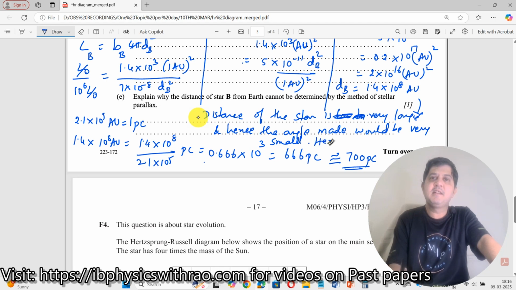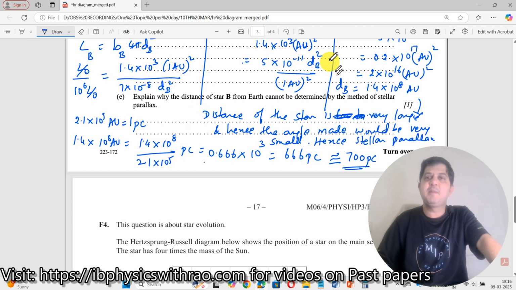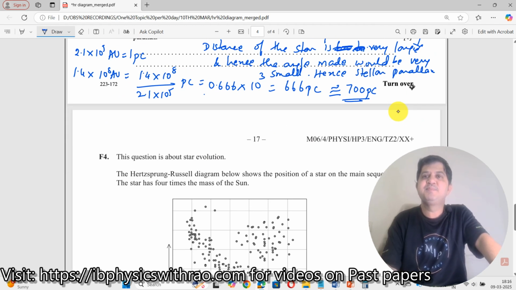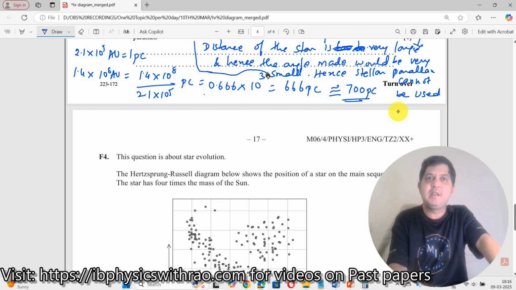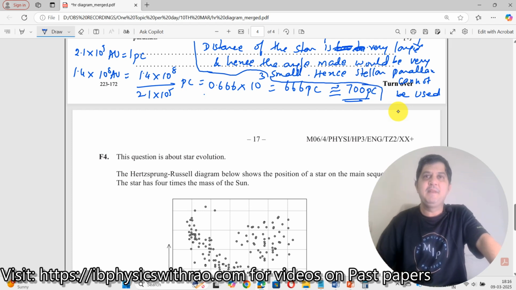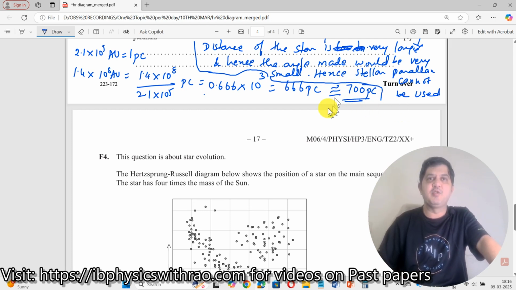Hence stellar parallax cannot be used. A lot of clumsy things over here, but anyway, I'll just put a boundary here. That's fine. So this is the reason that could be written.